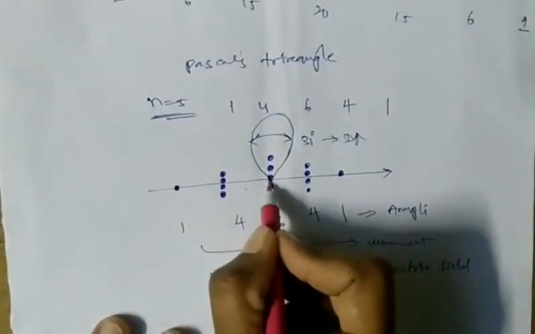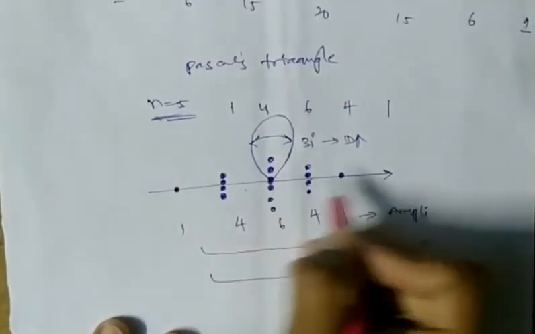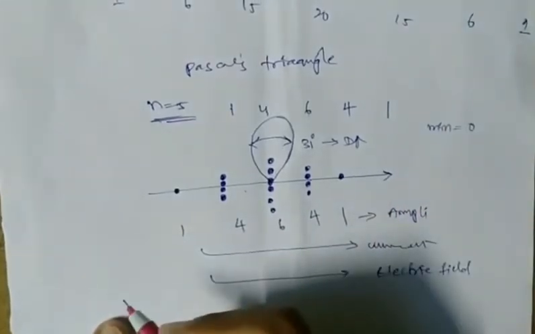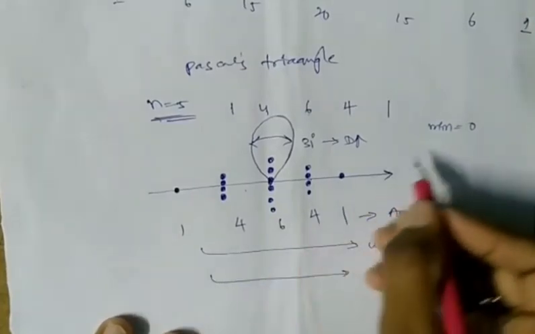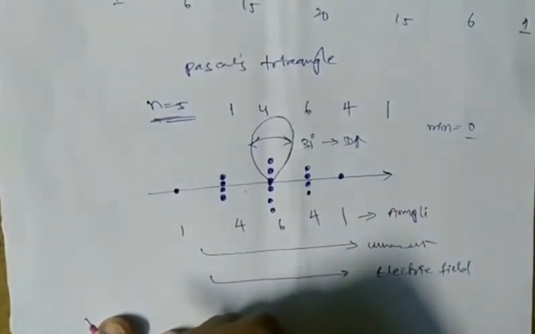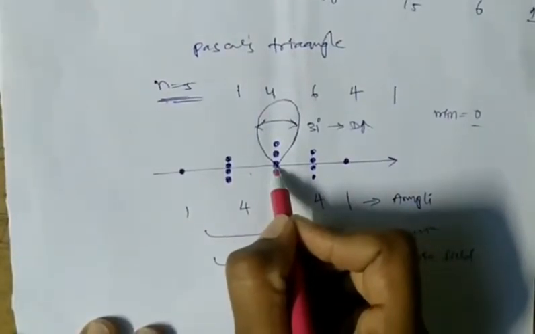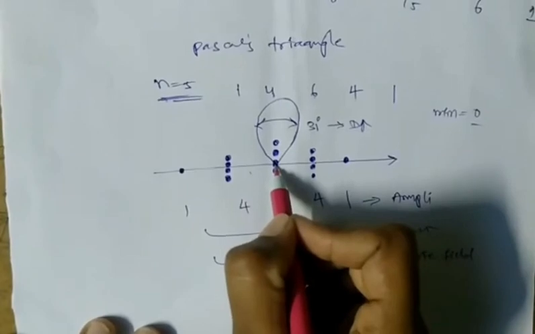In this n equal to 5 element binomial array, there are no minor lobes. Minor lobes are 0, meaning the energy occupied by the minor lobes is 0. Due to that, whenever we use this binomial array as a radar, it detects the correct targets.